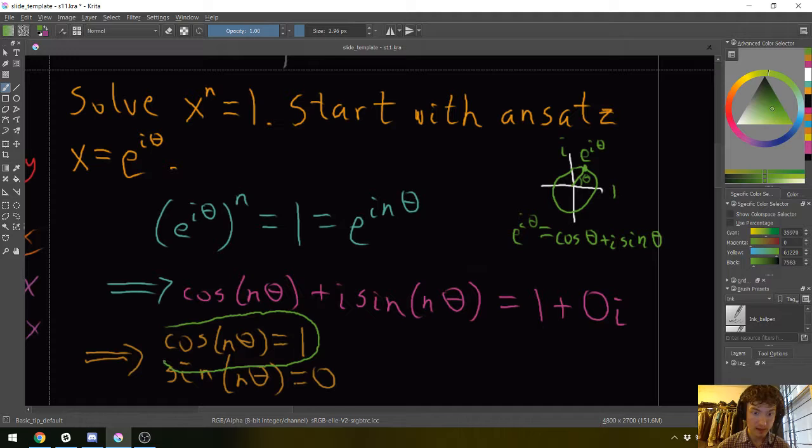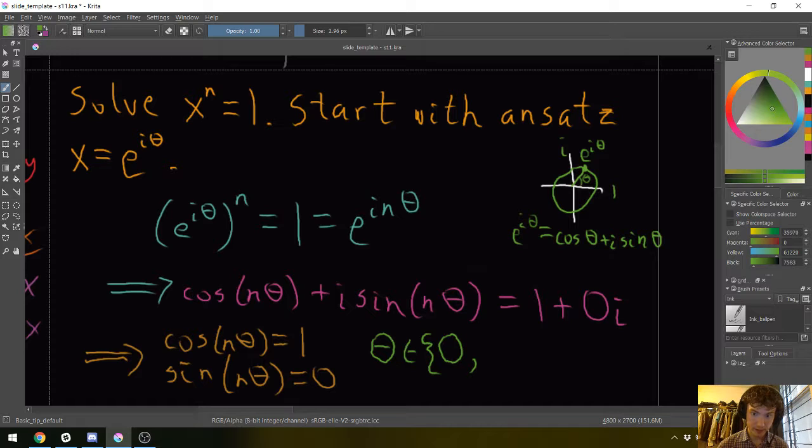Because we know there should be n possible solutions to this equation, say cosine n theta equals 1. So one of those solutions we can write down very easily, because we know cosine of 0 equals 1. So this equation is certainly solved if theta is 0, right? Because if theta equals 0, I plug in cosine of n times 0 is cosine of 0, which equals 1.